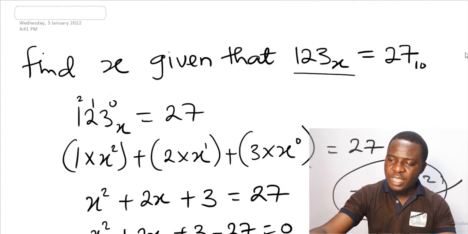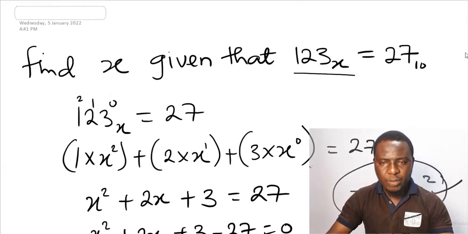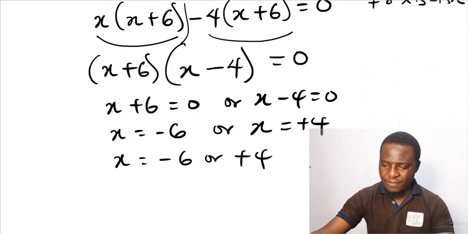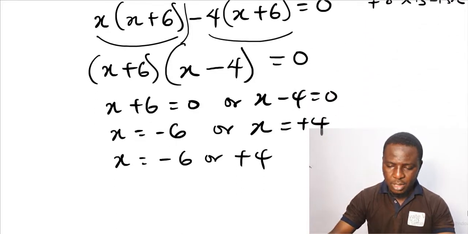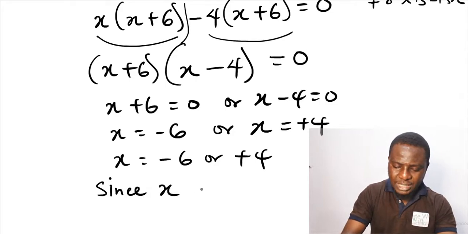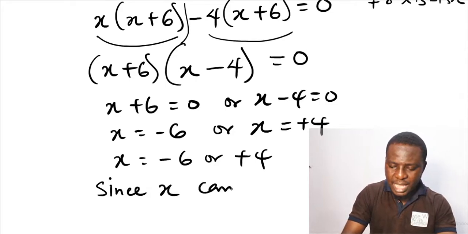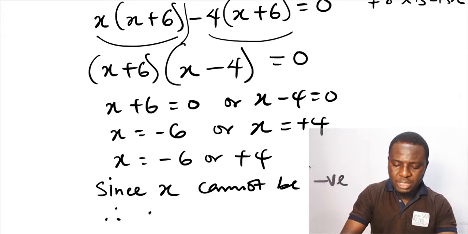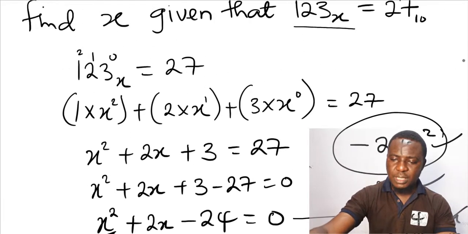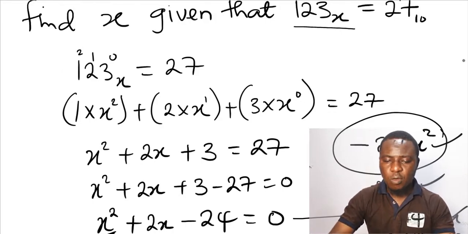Now, we've had our answers to be x is equal to minus 6 or plus 4. But we are solving a binary equation. And in binary, there's no negative base. So we say that since x cannot be negative, it therefore means that x is equal to 4. That is, that base is equal to 4.